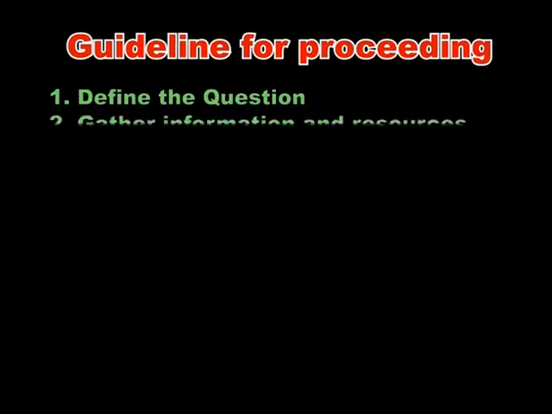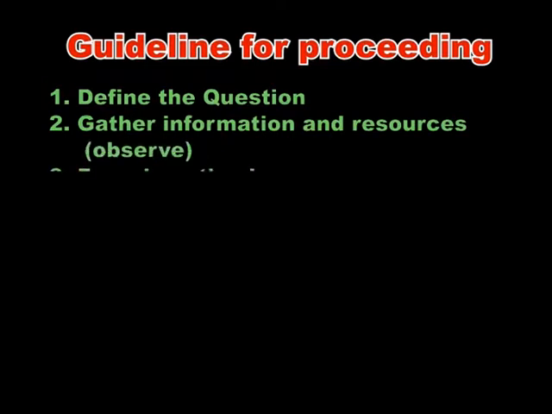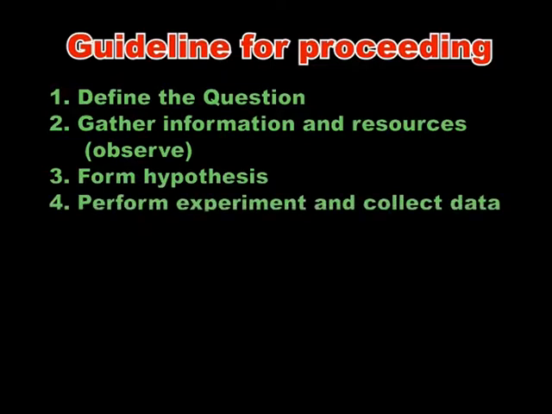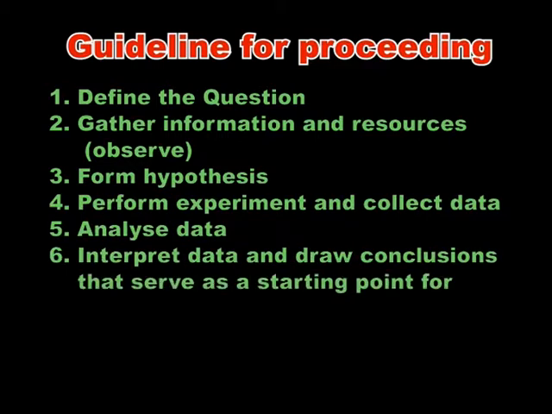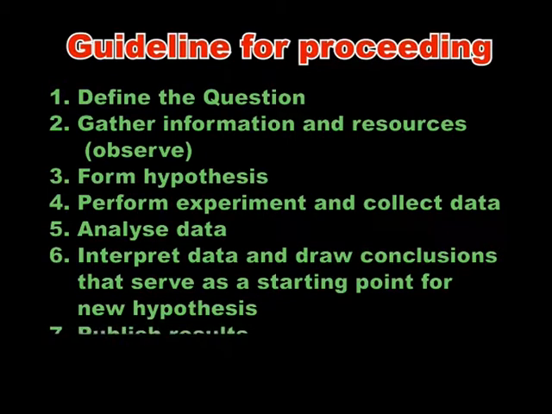A linearized pragmatic scheme of the 4 points is sometimes offered as a guideline for proceeding. We have to define the question. One has to gather the information and the resources, form hypothesis, perform experiment and collect data, analyze data, interpret data and draw conclusions that serve as a starting point for a new hypothesis.